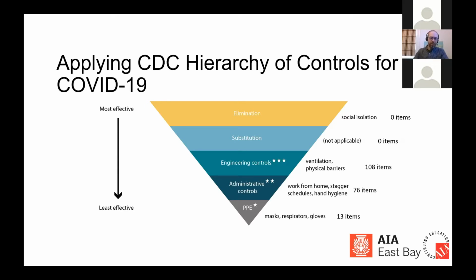And finally, when we come to the end, after all of these maybe have failed to keep us away from the virus, then finally the PPE is meant to be the last line of defense. And so that's something I do want to emphasize here. And so we added some stars here to denote their relative importance to architecture and construction. And I did mention that the number of items in this document are listed here alongside those.